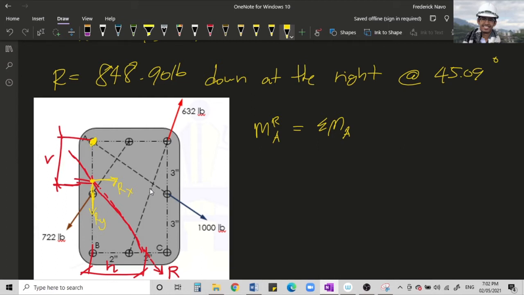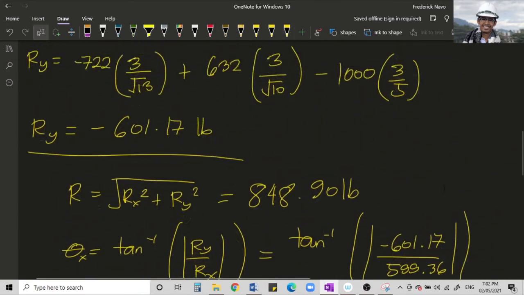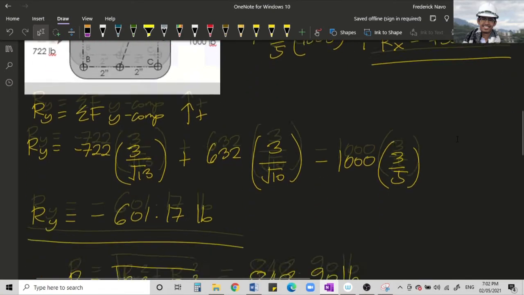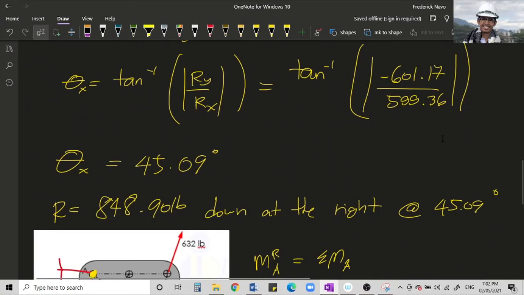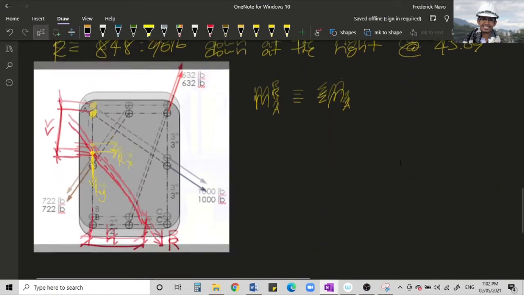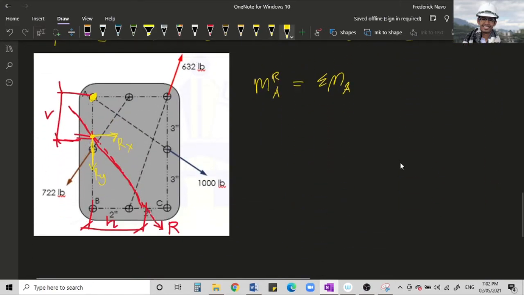Okay? So, sige, solve natin. So, that will be Rx. So, yung Rx natin is 599.36 pounds. So, yun yung Rx natin. That will be 599.36 times yung vertical distance.